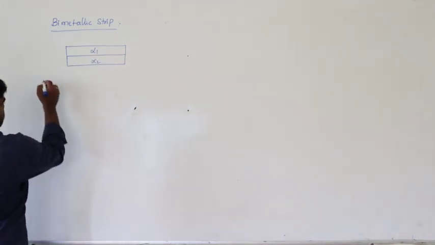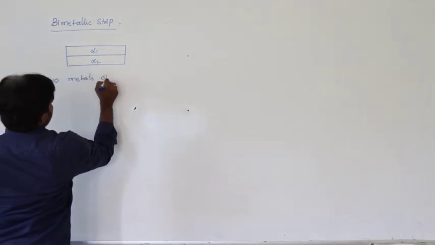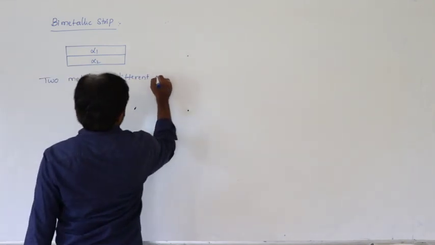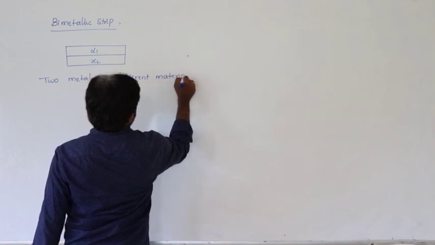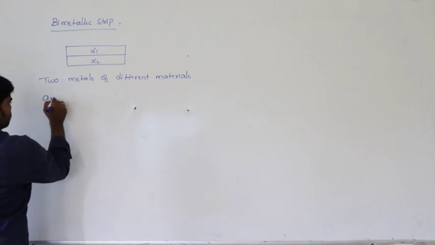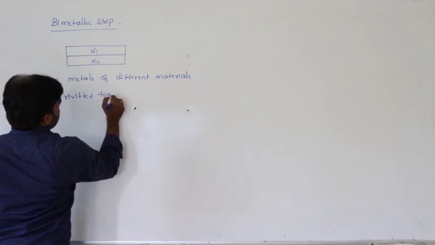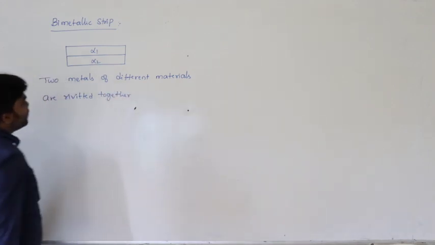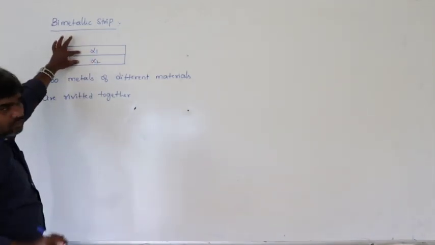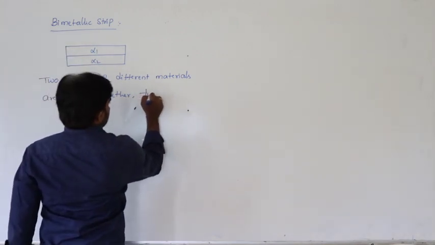The concept is that two metals of different materials are riveted together, that is, joined like this, to form a bimetallic strip.